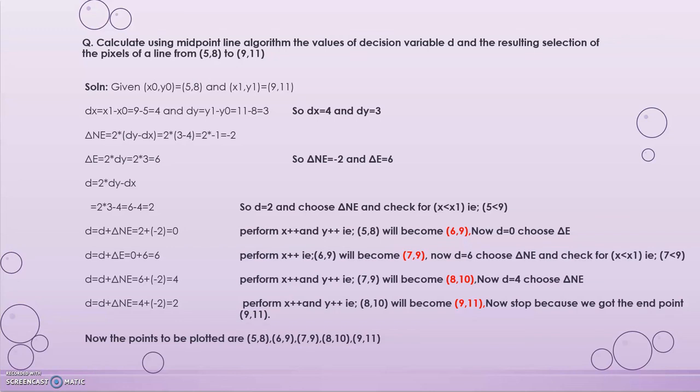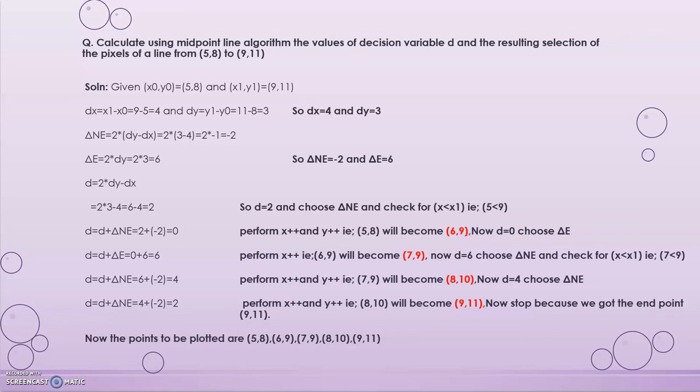So we are choosing delta NE and check for the condition whether x is less than x1. Here 5 is less than 9, so we can move forward, right? We can only do the calculations until x less than x1. So we are adding delta NE to d. We are adding minus 2 to 2, which becomes the new d value as 0.